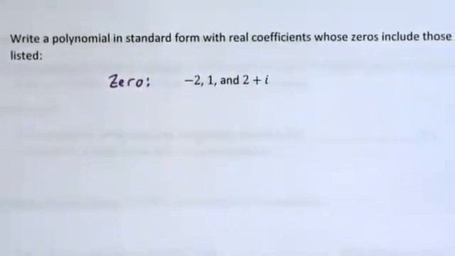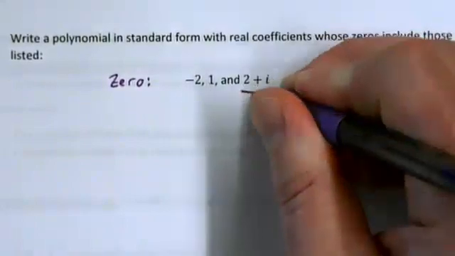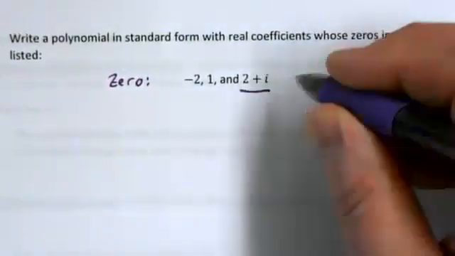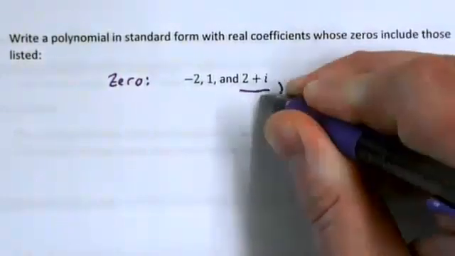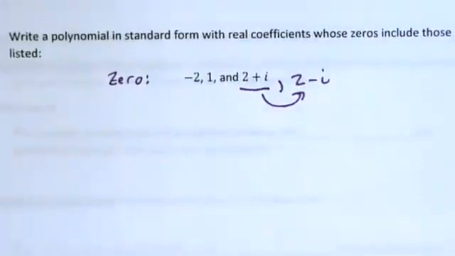So here's the thing. They told me that we have a 0, -2, and 1, and that's fine, but they gave us a complex 0 here. And I know, because of the complex conjugate zeros theorem, that if 2 plus i is a 0, then 2 minus i must also be a 0.